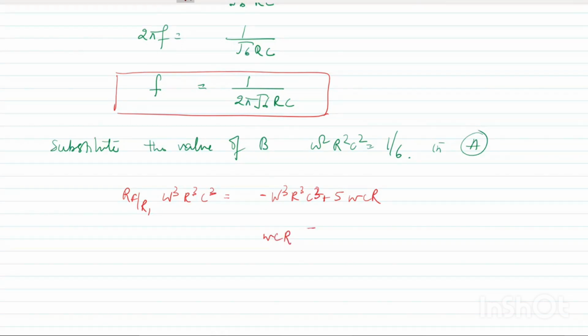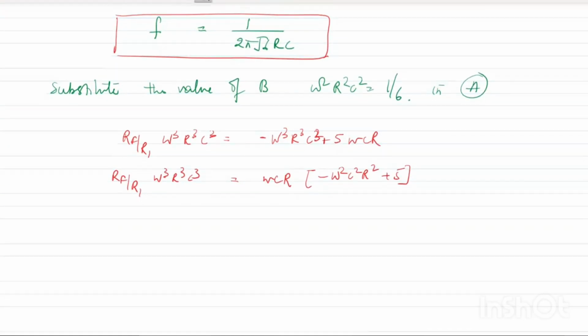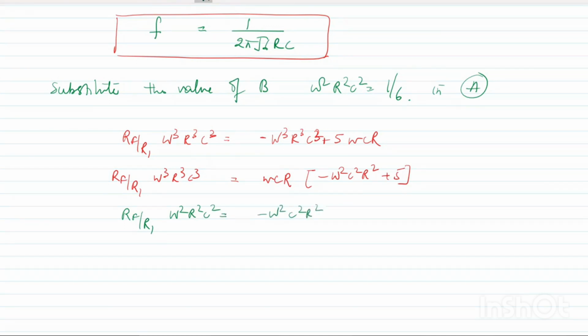Omega CR common. So I'm getting minus omega C square R square plus 5. Right? And in the left hand side, I have RF upon R1 omega cube R cube C cube. From this, you can see that 1 omega CR get cancelled. So you have RF upon R1 omega square R square C square equals to minus omega square C square R. Right?